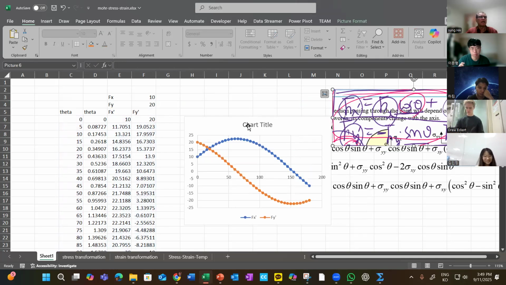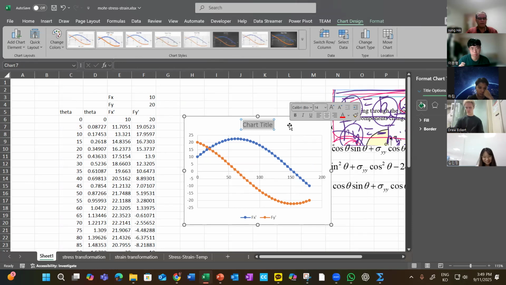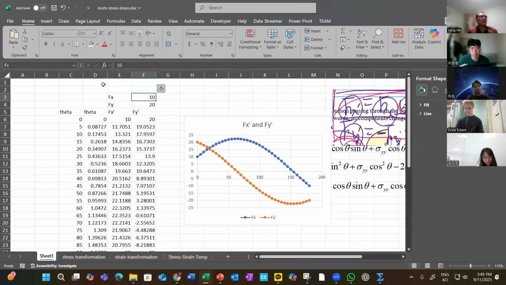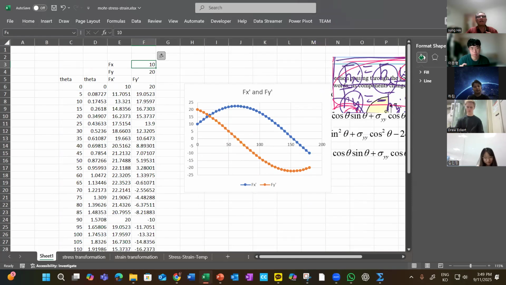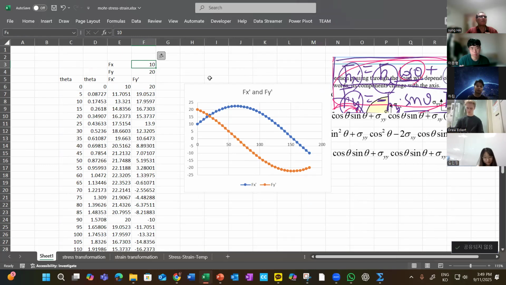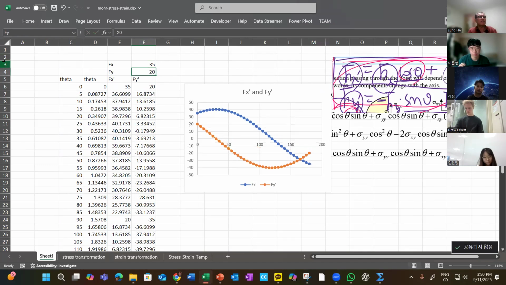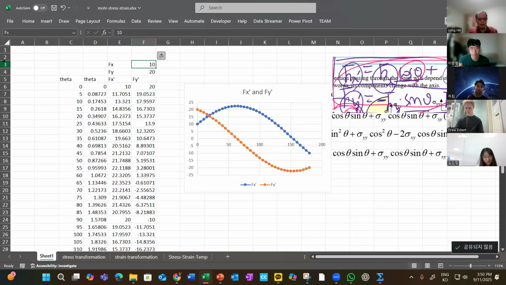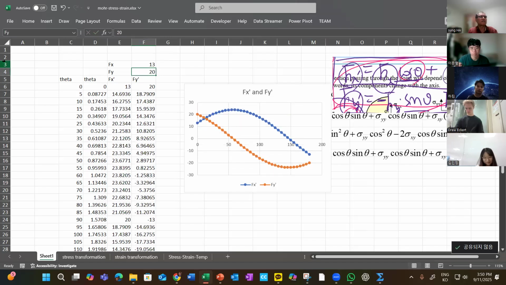Now we just graph them. And now you can play with it. This is Excel, it can be very powerful. You can just change the value, and it automatically changes. If you change some value, any values will be like this.